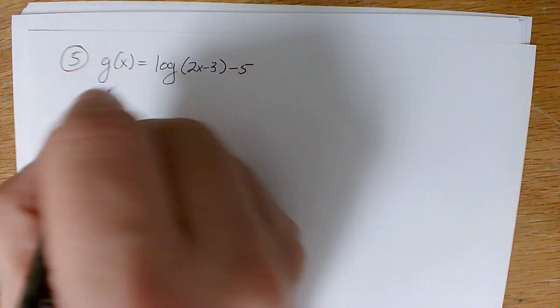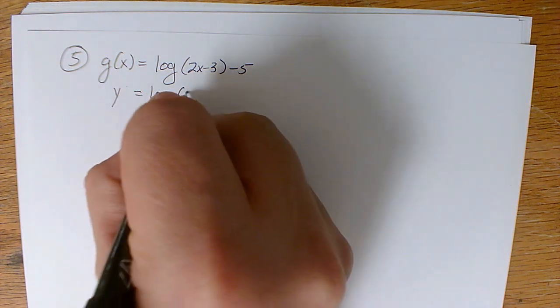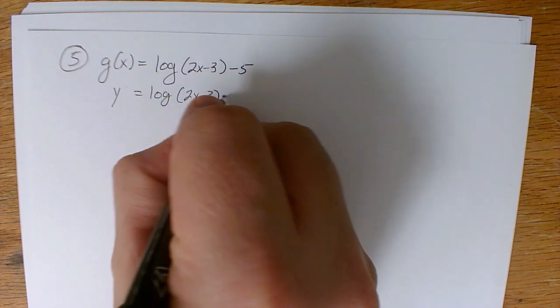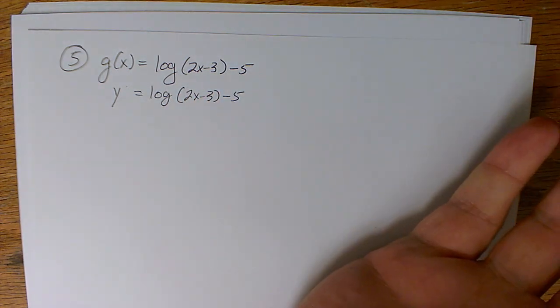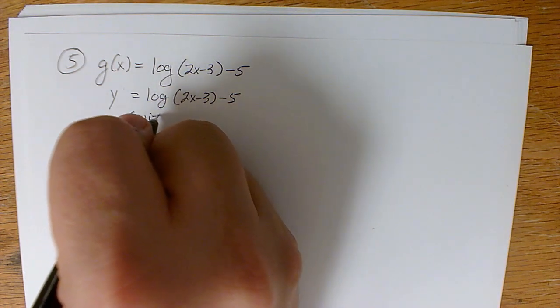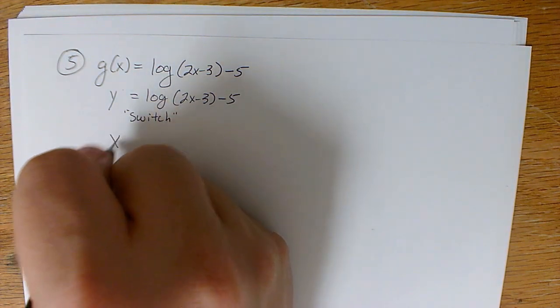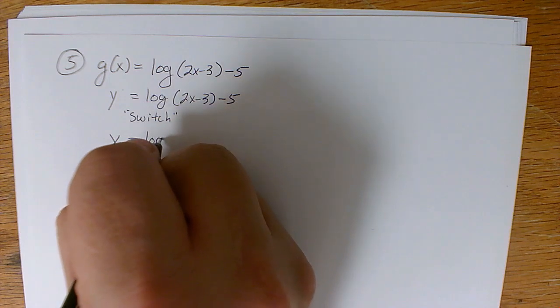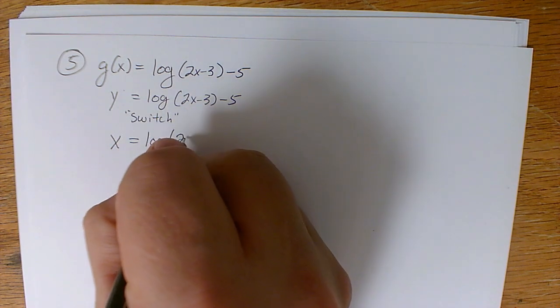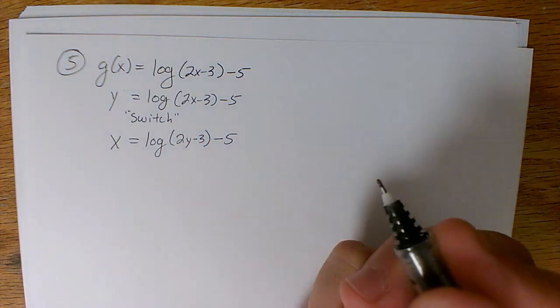So going old school, this turns into y is equal to log of 2x minus 3 minus 5. And then at this point, we are going to do the switch. So we'll have x is equal to the log of 2y minus 3 minus 5.